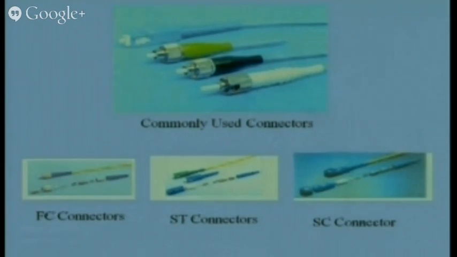You will see it has 3 components. This is the one part. You have to put this over the fiber. Then you have to take out the fiber from the cable, and then we have to put the fiber through this ferrule. The fiber will come at the end, at the tip. So when the fiber comes out, you have to put the epoxy so that it gets locked there, it gets joined there.